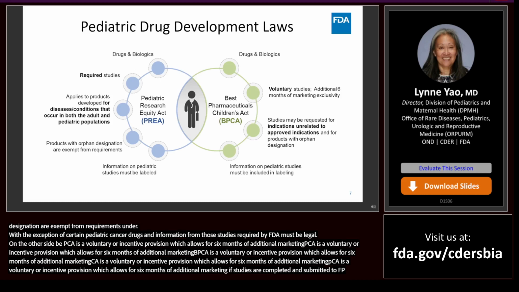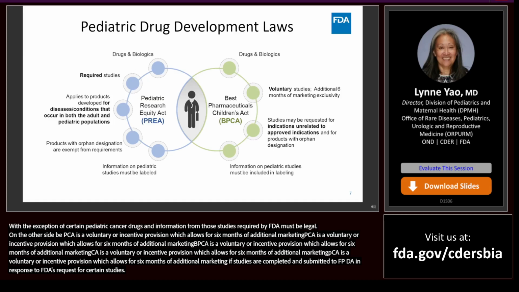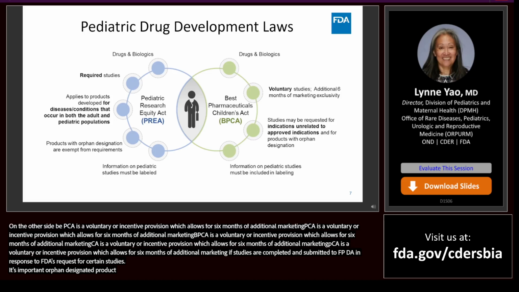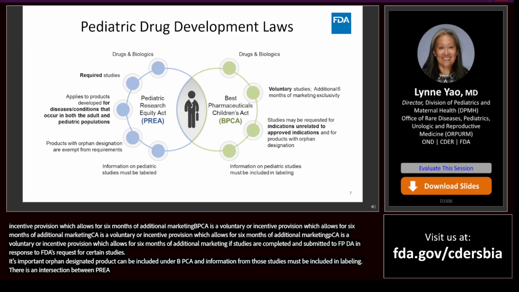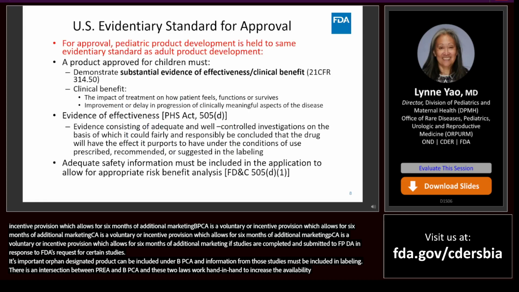Now, it's also important that orphan designated products can be included under BPCA, and information from those studies must also be included in labeling. Now, you can see that there's an intersection between PREA and BPCA, and we believe that these two laws work together hand in hand to increase the availability of approved drugs and biological products for the treatment of children.